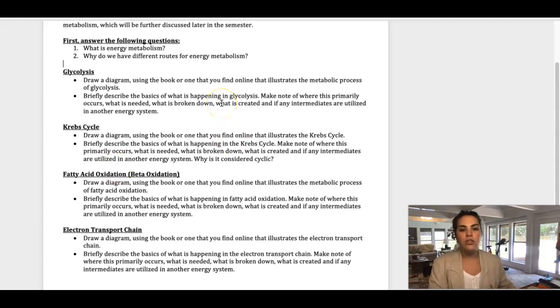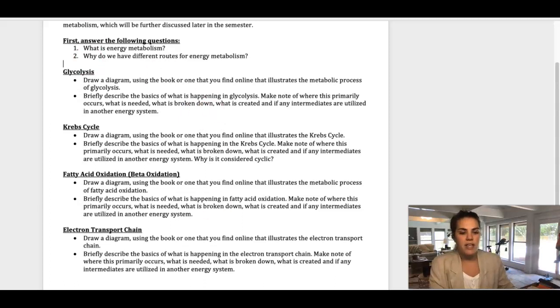Then I want you as a group on your Post-it poster to draw a diagram that illustrates that metabolic process, okay? I want you to be able to describe the basics of what's happening in your metabolic pathway. I want you to know where it's primarily occurring, what is needed, what's broken down, and how it might connect to other metabolic pathways.